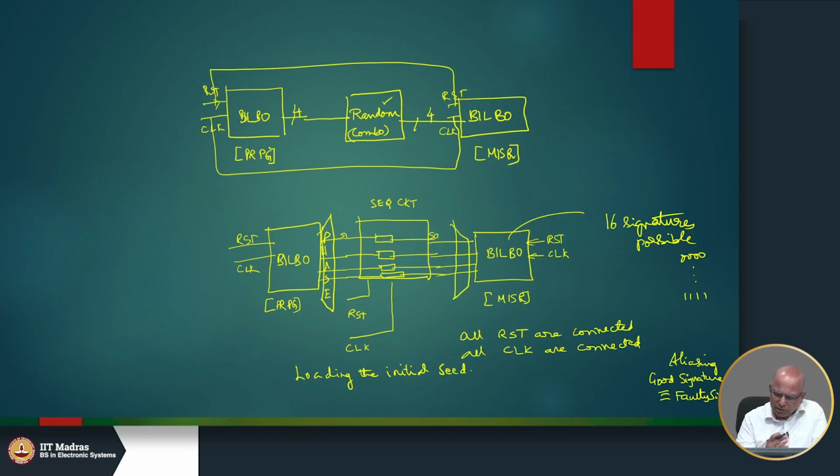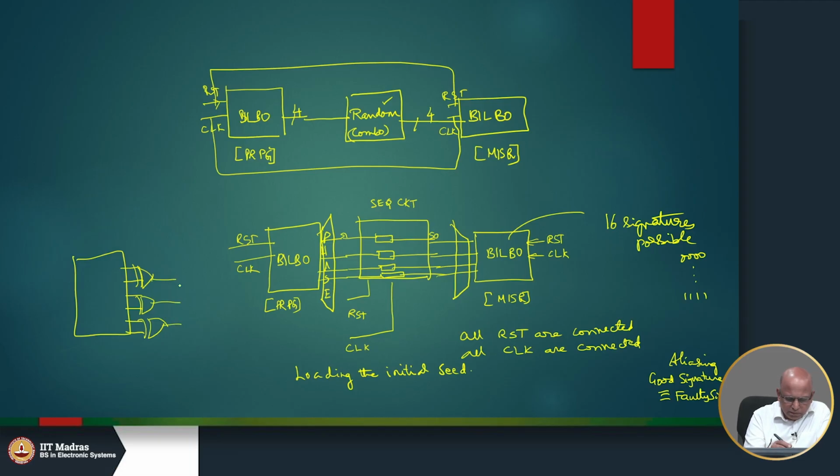Suppose a sequential circuit has many outputs, then we can take some of those outputs, XOR them together and feed it to the input of the BILBO. Suppose a sequential circuit has many outputs. So, we could maybe take these two guys, maybe these two guys, maybe these two guys, and that way we will have only 3 outputs.